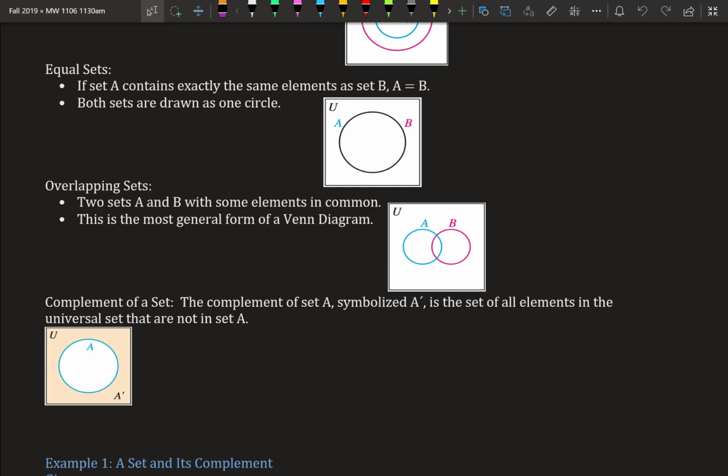Overlapping sets, let me break it down easier, of favorite color. Say your favorite color is green, but then we break it down into the original colors. So what creates green is yellow and blue. So say we have yellow and blue, it creates green, so green is the overlapping.